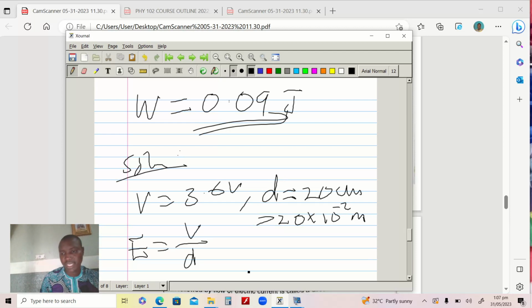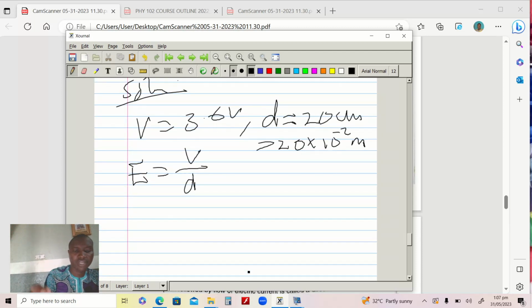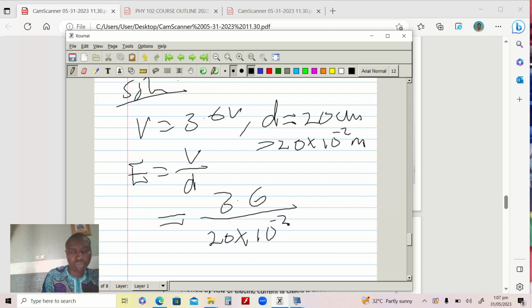I told you this formula the other time, and I said you should not forget it. So this is going to be 3.6 volts divided by 20 times 10 to the power minus 2, and I believe you should be able to get 18.0 volts per meter. Please do your calculation yourself.